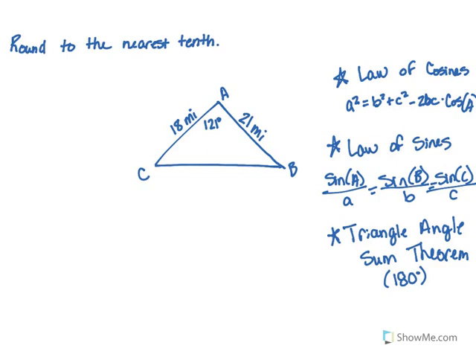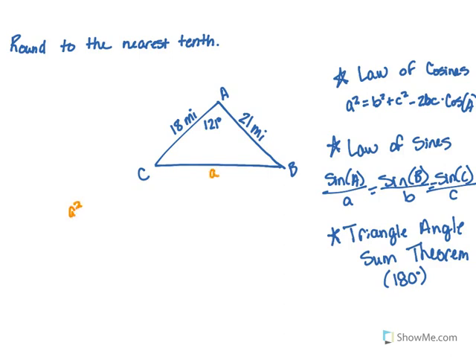Okay, let's go through this. You should have rounded to the nearest tenth. So we're going to do law of cosines first because it's side angle side, right? Remember that if you see side angle side, you're going to use law of cosines. We're solving for all the angles and all the sides on here. So we're going to do the first side that we need, which is a.